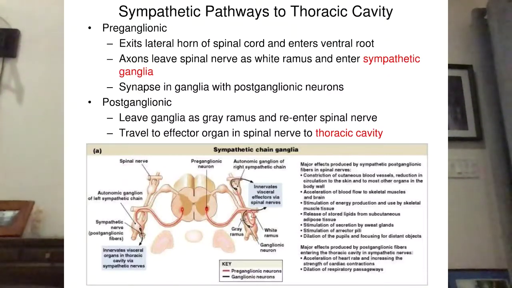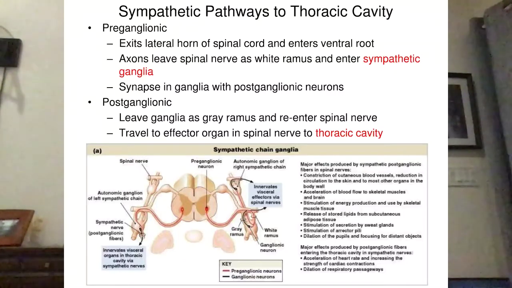So what I have written there is what you need to know. So if I ask you, what is a sympathetic pathway to stimulate an organ in the thoracic cavity, or your goal is to increase the heart rate through a sympathetic response, right? So you would just tell me your preganglionic fiber starts in the lateral horn, or you can write just what I wrote there: exits the lateral horn of the spinal cord, enters the ventral root, merges with the spinal nerve, goes down the white ramus, enters the sympathetic chain ganglion.